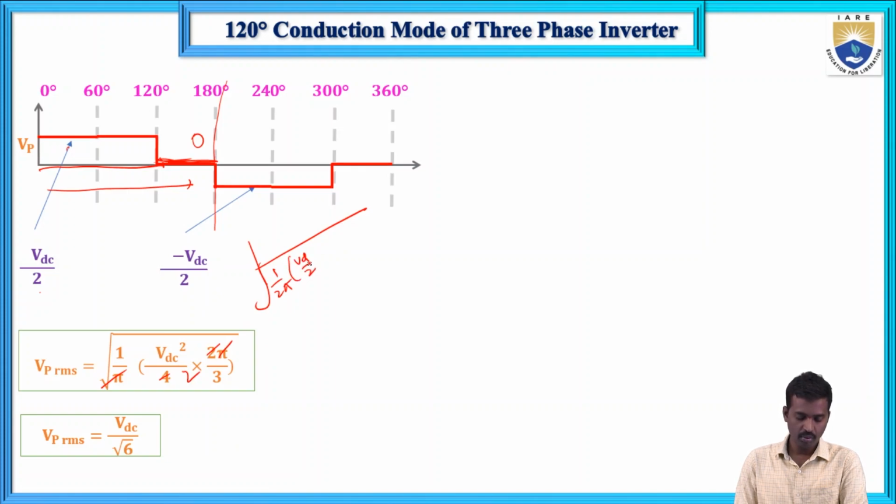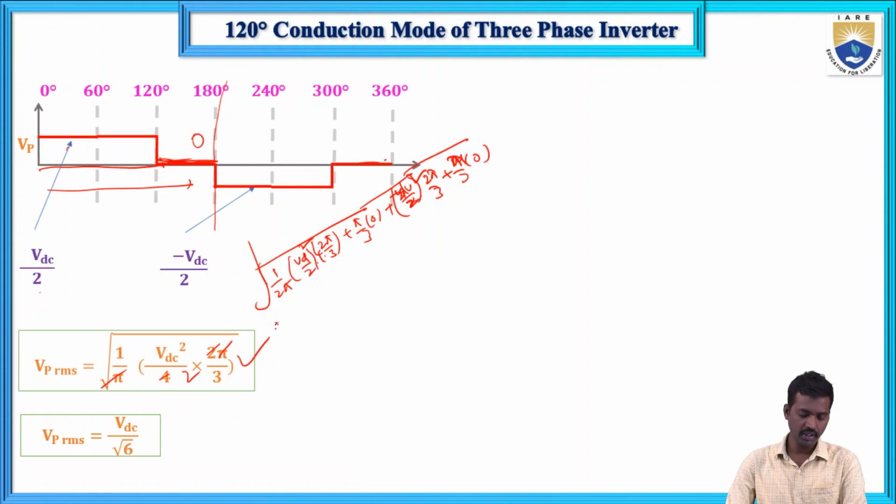VDC by 2 up to 2 pi by 3 whole square, this one duration, and next here pi by 3 duration where the value is 0, and next plus this one whole square, VDC by 2 minus VDC by 2 whole square, that is 2 pi by 3 plus pi by 3, and this value is 0.